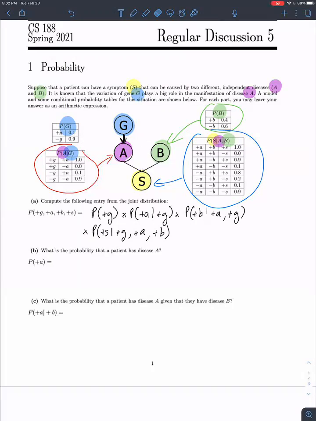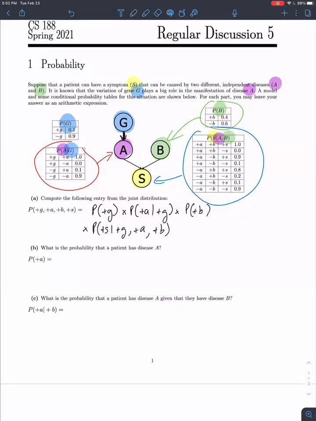So that is actually just the unconditional probability of B. Then finally, the probability of plus S given G, A, and B. Well, we have this arrow to S from A and this arrow to S from B, but there's no arrow from G, right? This red arrow doesn't actually exist in the diagram. So that means we can just ignore the plus G. We'll move that around a little bit, put it up on the same line as the rest. So this is all we have to calculate.